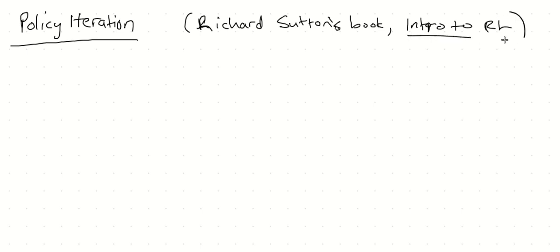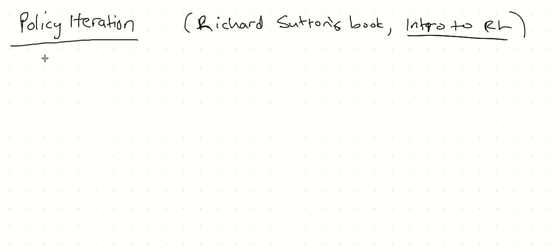If you just search for this, you should be able to find it. I think the name was Reinforcement Learning: An Introduction or something like that. This is really a good book, and it has most of the things that we're covering here, maybe even in more detail.